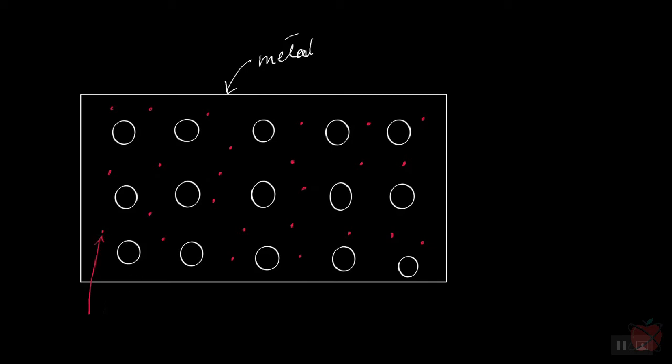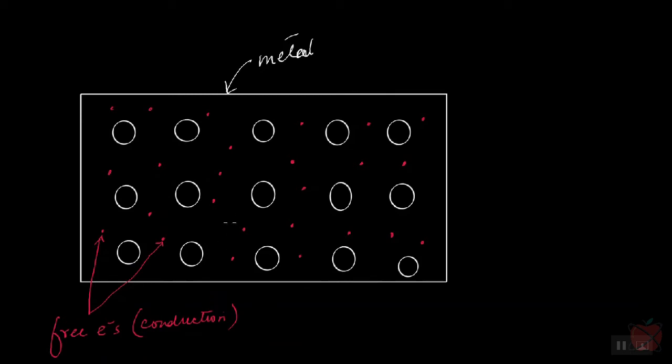Let me write down here. Free electrons. Got it? And don't you agree that these are the ones that take part in the conduction of current? They take part in what? In the conduction of current.